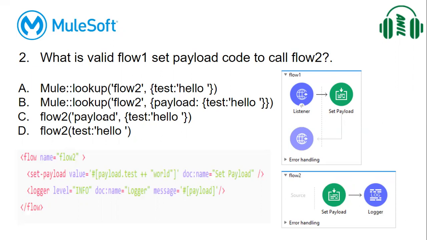And C, D is like, directly, there is no lookup name here, and directly some function, something like we do call functions from Java, right? So it is in that format. This is not correct. So A is the answer for that. For more understanding, please refer lookup syntax in Mule documentation. So let us jump on to the next questions.